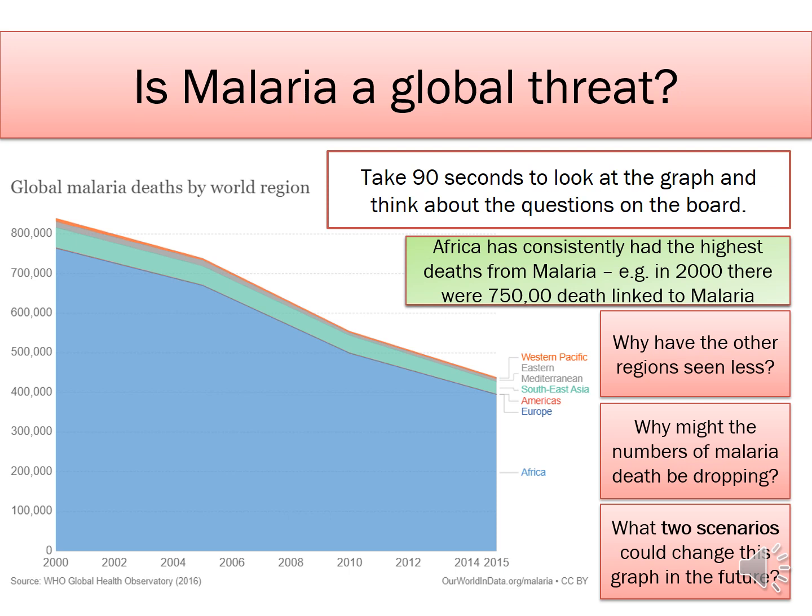We then move on to why other regions have seen less. This is where you need to use some of your previous knowledge. If we talk about Europe, which you can barely see on this graph, part of the reason is that they have a cooler climate, so mosquitoes can't survive there, carry the disease and pass it on to other people.